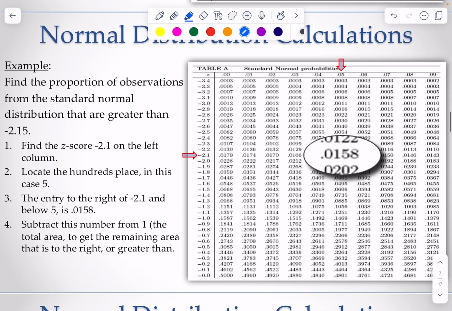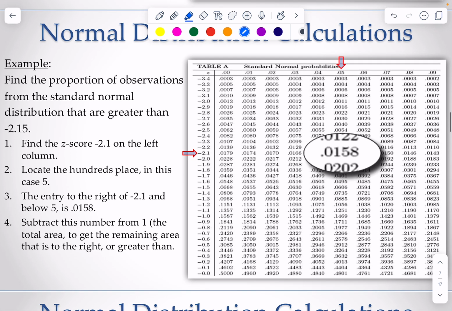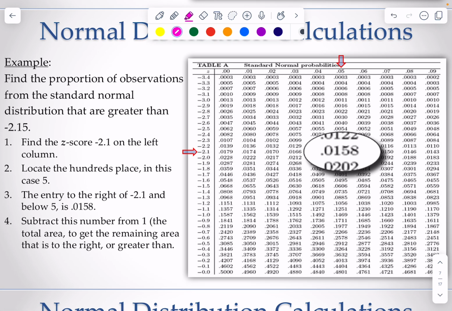When I want to go the opposite direction though, so if I want to find values that are greater than my z-score, in this case greater than negative 2.15, I start by locating the negative 2.1 on the left, the 0.05 on the top, and then when I put those together, we get an area of 0.0158.